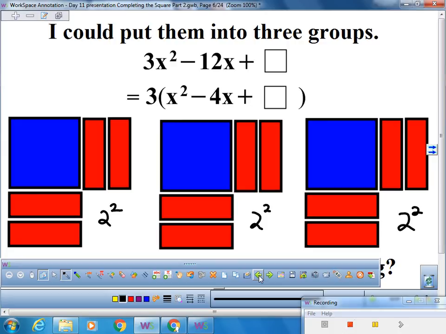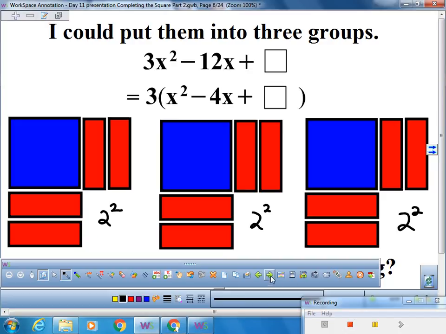See, I wouldn't take half of 12, right? Because when I pull the 3 out, I now have 3 groups, right? So now it's 4. Now I'm talking about each one of them being 4, and half of 4 is 2. Because you're talking about completing the square with 3 groups.